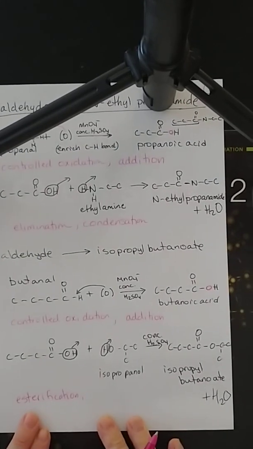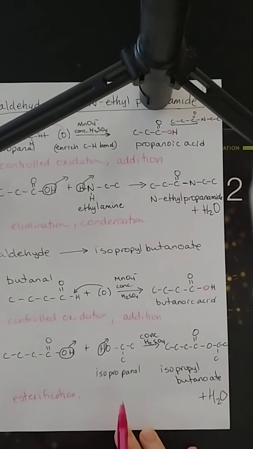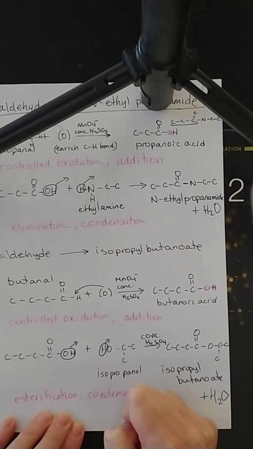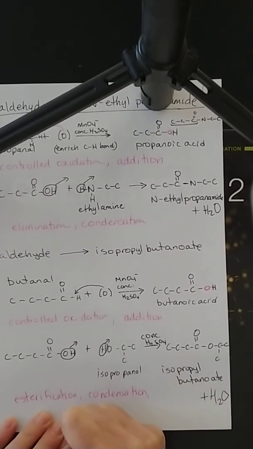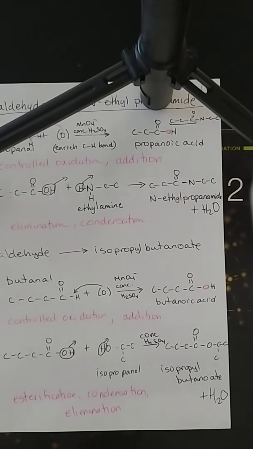It's not a dehydration because we synthesized a compound, so it's a dehydration synthesis, which is condensation. And it's also an elimination because we eliminated water between our acid and our alcohol. So that's number 12 completed.